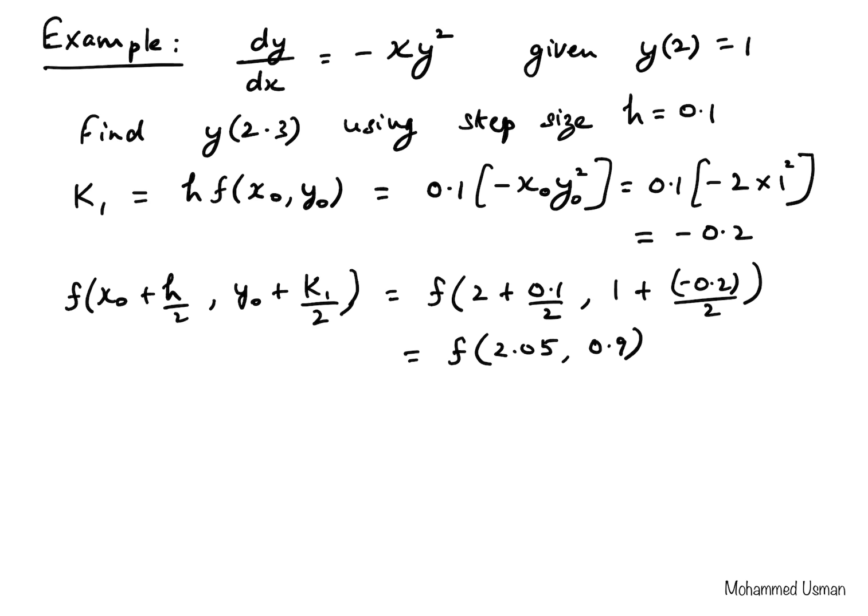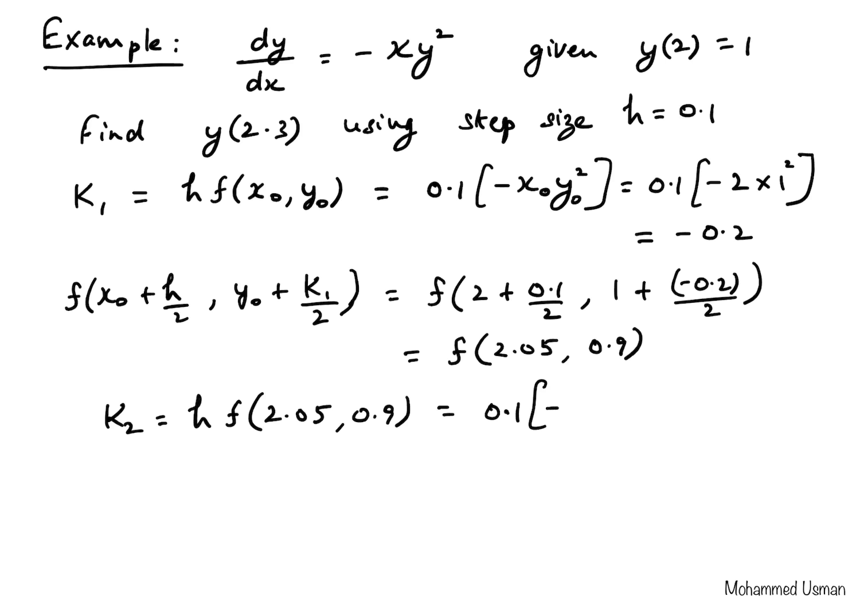So from that we will write k2 as h into f of 2.05 comma 0.9, which is equal to 0.1 into minus xy squared. So in place of x we will put 2.05 and in place of y we will put 0.9.